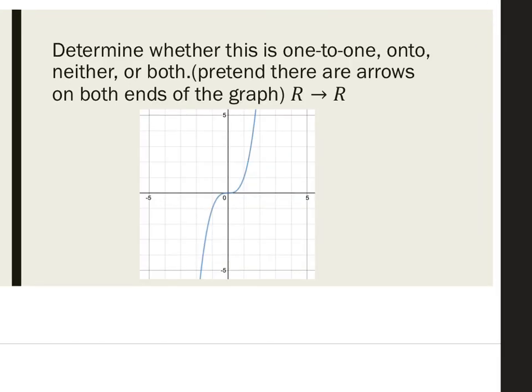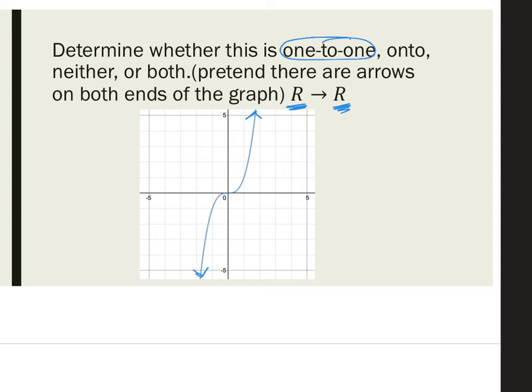For this one, notice it says pretend there's arrows, so let me draw those in right now. There are the arrows. This goes up and down forever. Notice it tells you what the domain is and what the range is. The domain is all real numbers. The range is also all real numbers. So the test of 1 to 1: does it pass both the vertical and the horizontal? It does, so it is 1 to 1.